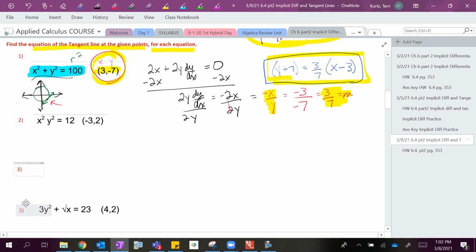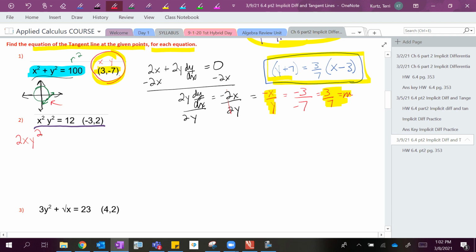Okay, so again, this equation, we're going to take the derivative, and we have to use our product rule. So derivative of the first, 2x, times the second, right?